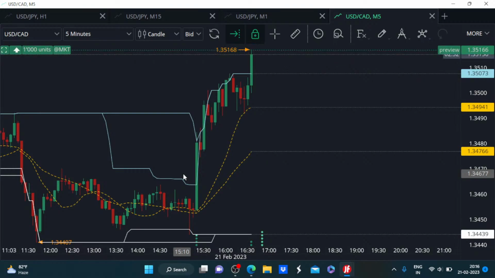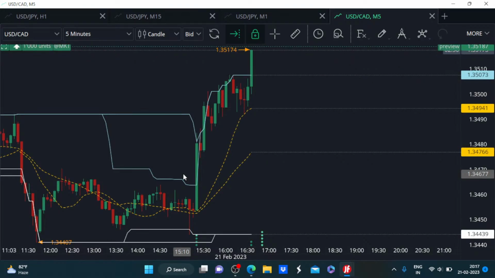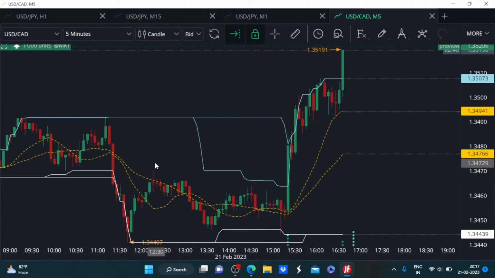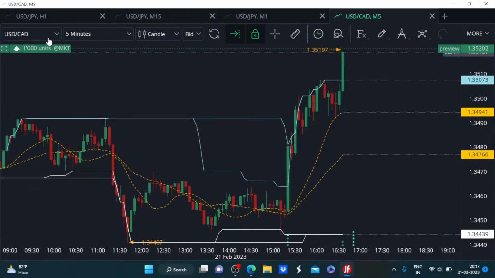So on that count, we can use USD CAD as the first choice.